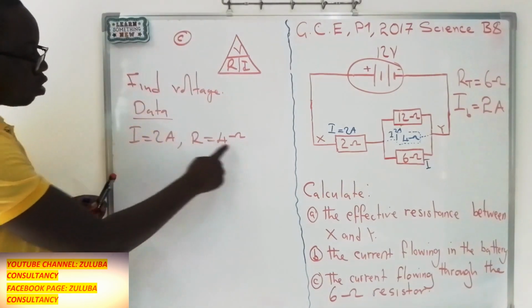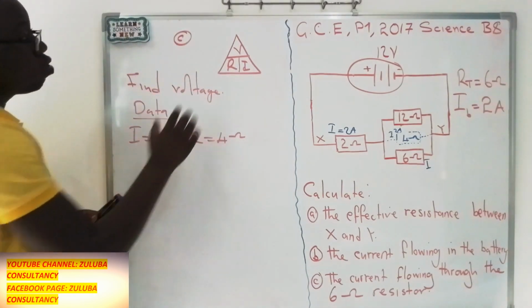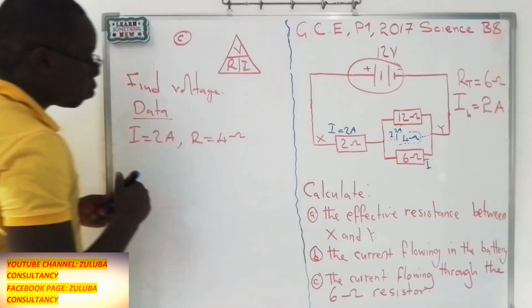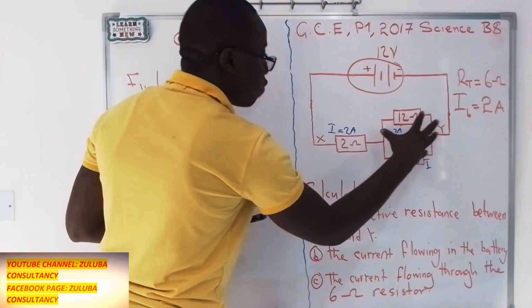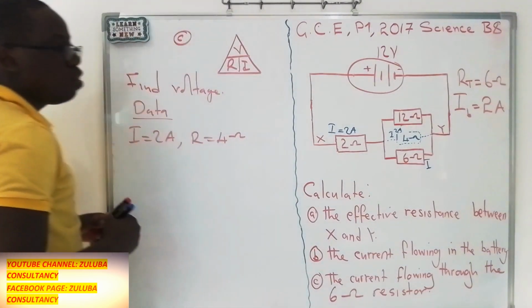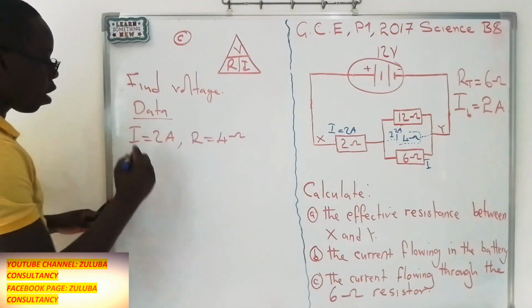So if you have these two, we can use Ohm's law to find the potential difference or the voltage that is reaching these two parallel circuits there.